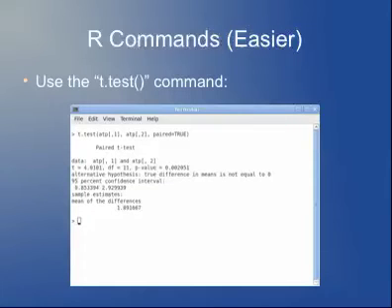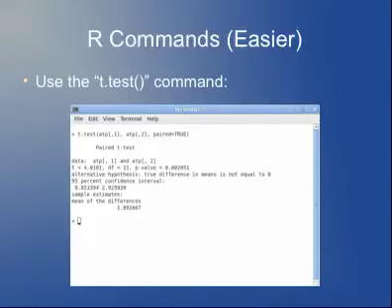The other way that you can do this that doesn't even require you to compute the intermediate variable is, as I said before, the t.test command is quite versatile. It's smart enough that rather than giving it a vector of differences, you can just give it the two columns of this data frame.